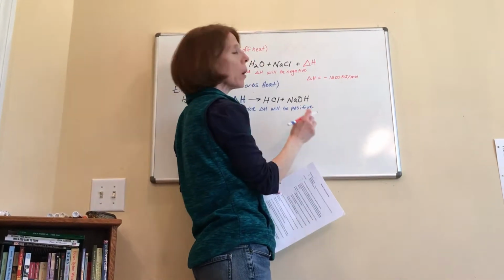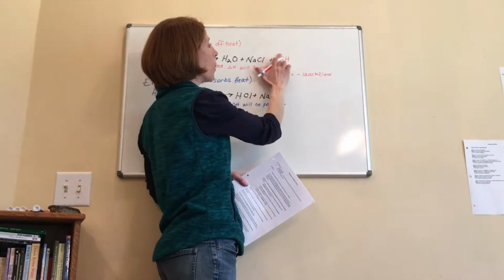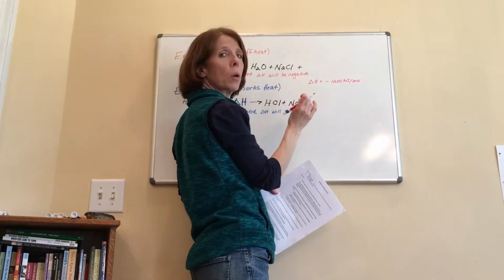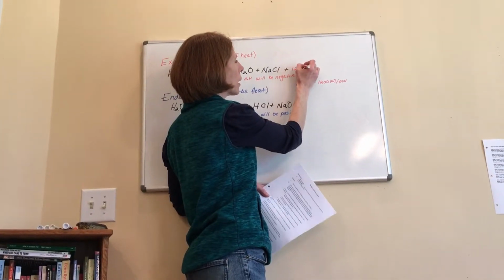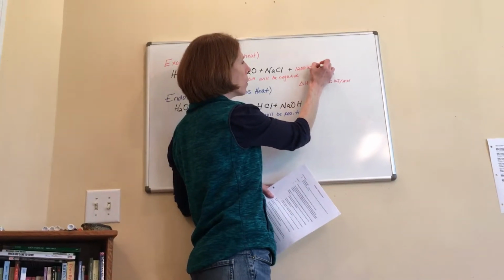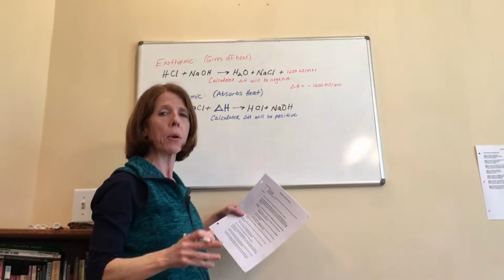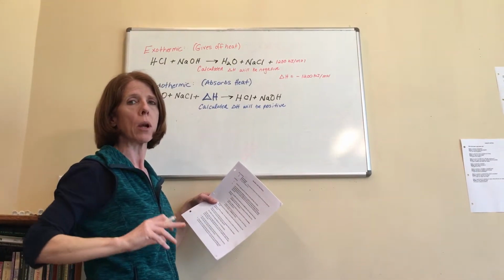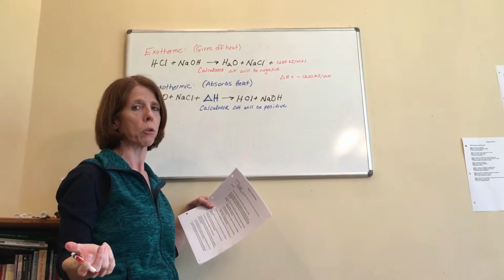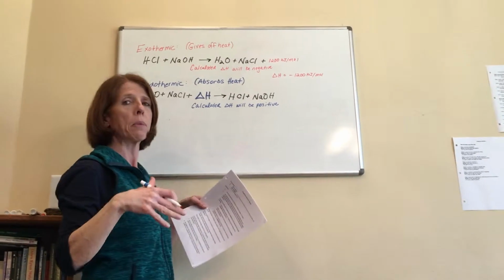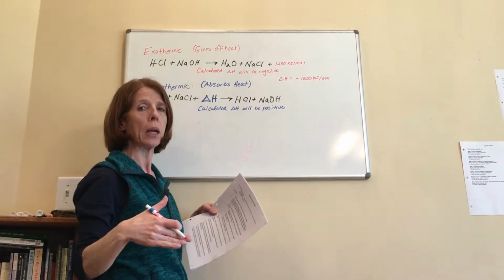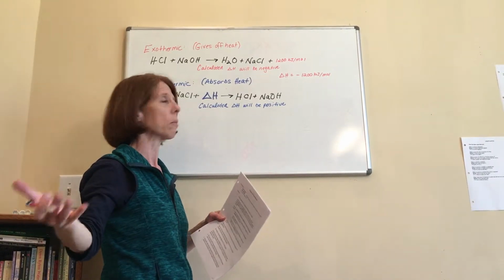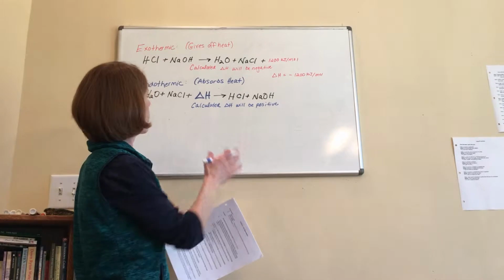When we add this into the equation, we would write it up here as a stoichiometric equivalent as positive 1200 kilojoules per mole. And again, the reason why we make it positive is so that we're not dealing with a bunch of negatives in our stoichiometry. We set it up to be positive or negative in the calculation of the actual enthalpy, so we know whether it's an exothermic reaction or an endothermic reaction.